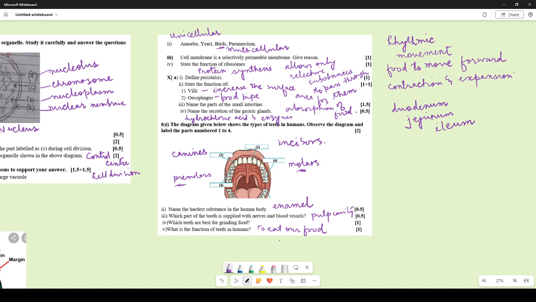But if you have written they help in digestion, okay, I think I have given you marks for that. But they are not directly involved with the digestive process, but yes, they do help to make the food simpler to be digested.